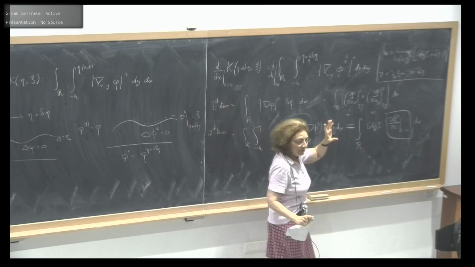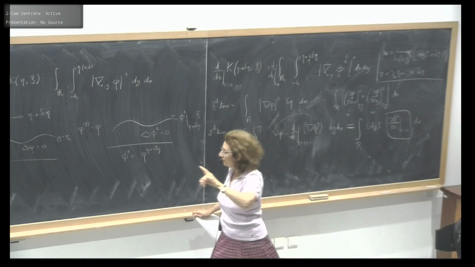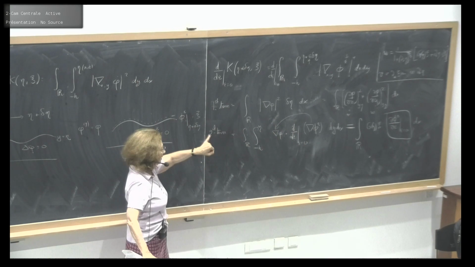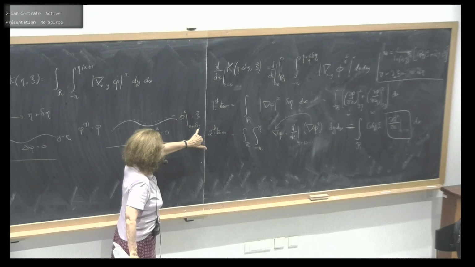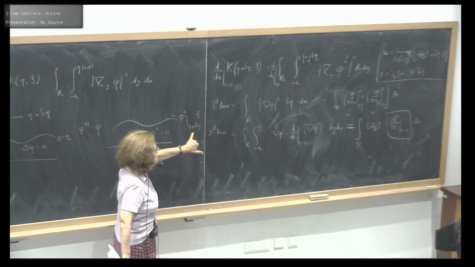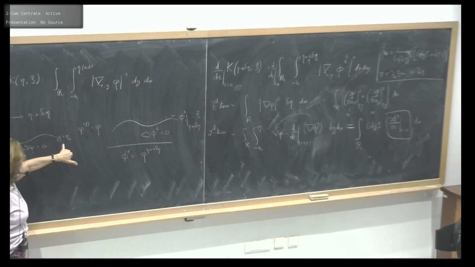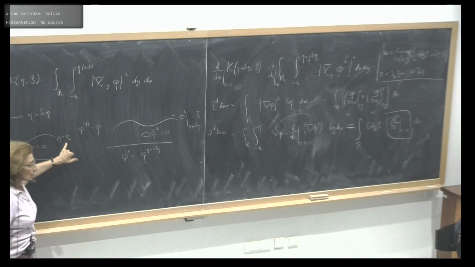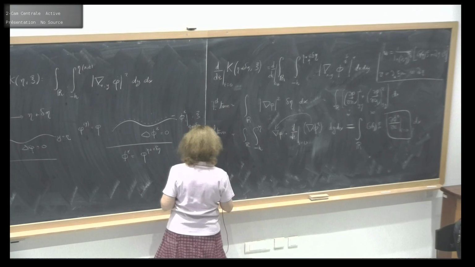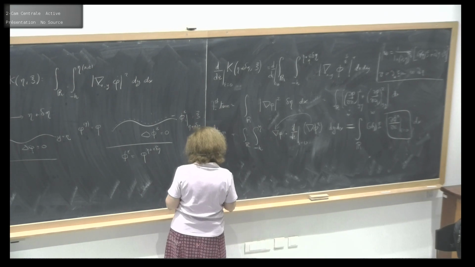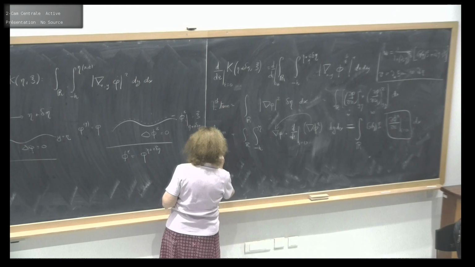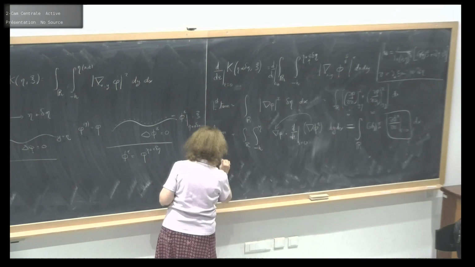Now, we have something we have not used yet. It's your question, that the phi epsilon on the modified boundary is the same as the phi without modification. So I'm going to write that. We differentiate, with C fixed.